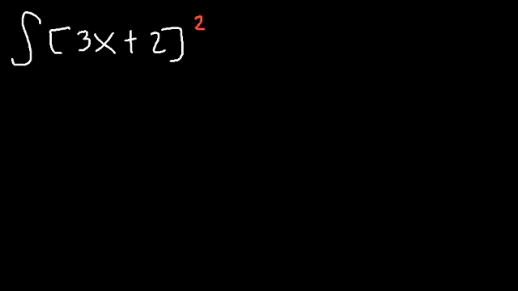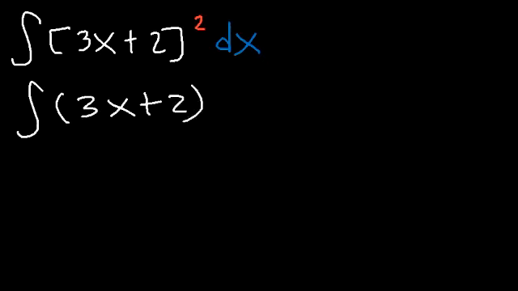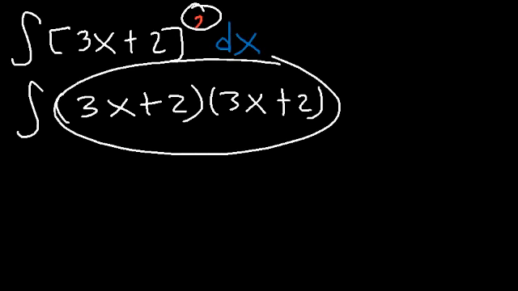Go ahead and find the antiderivative of 3x plus 2 raised to the 2nd power. So feel free to pause the video and try this example. So if you see an expression like this, what you should do is multiply or FOIL 3x plus 2 times 3x plus 2. 3x plus 2 squared is the same as this expression.